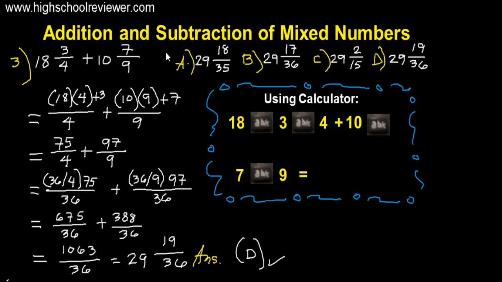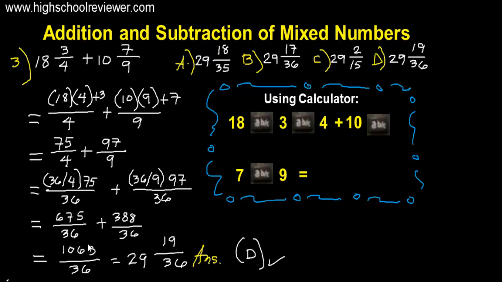Number 3, we have the given, and here are the choices. Again, convert the mixed numbers to improper fractions, and then add the improper fractions. So convert, find the LCD, and then find the new numerators. Once you have the same denominators, you can now add the numerators.